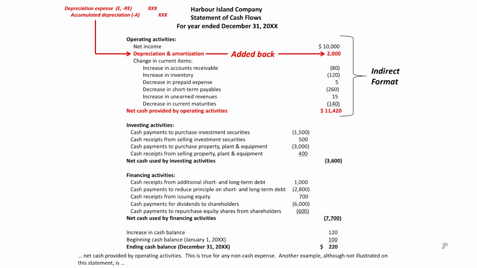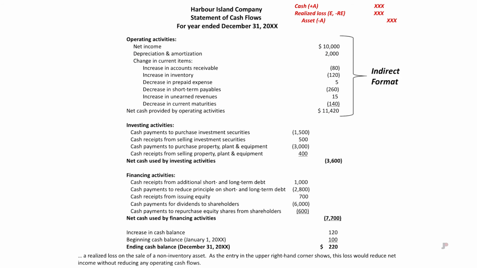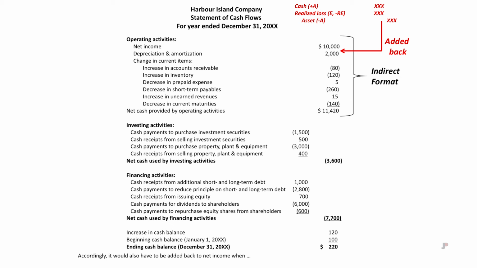Another example, although not illustrated on this statement, is a realized loss on the sale of a non-inventory asset. As the entry in the upper right-hand corner shows, this loss would reduce net income without reducing any operating cash flows.